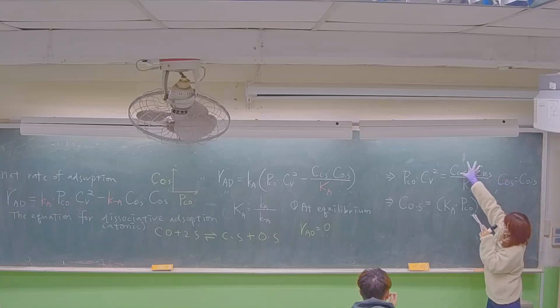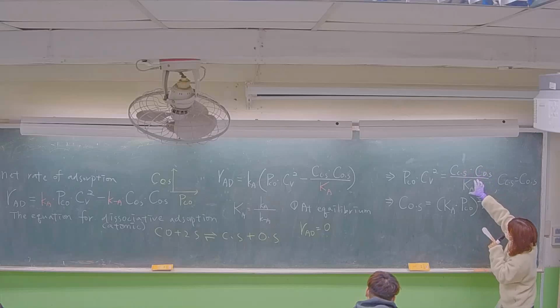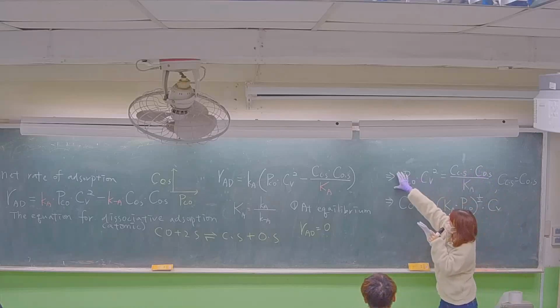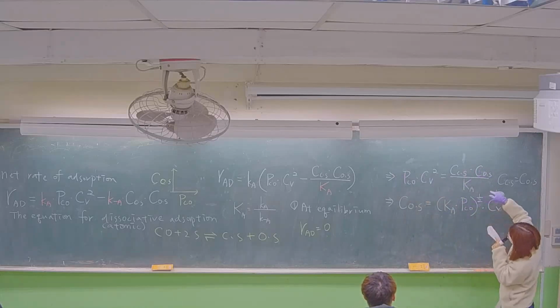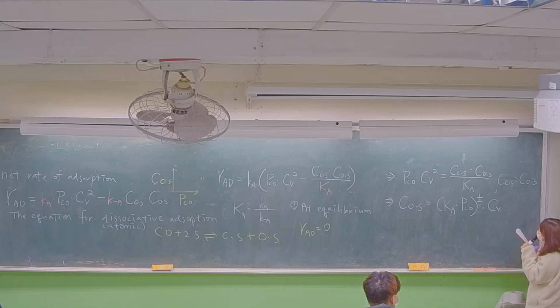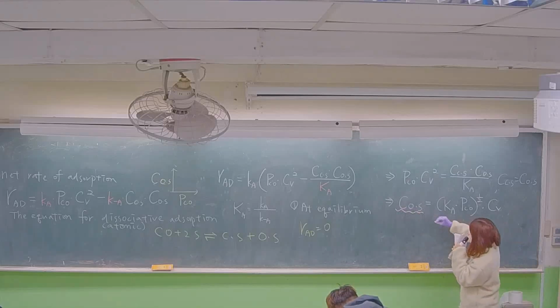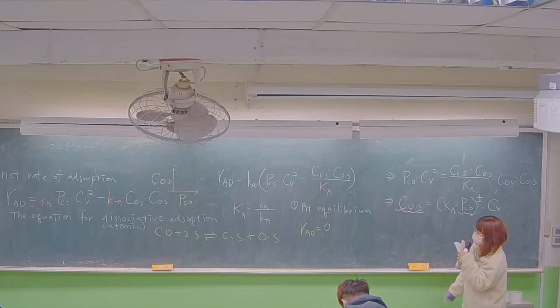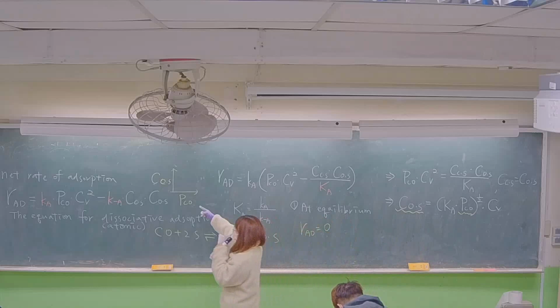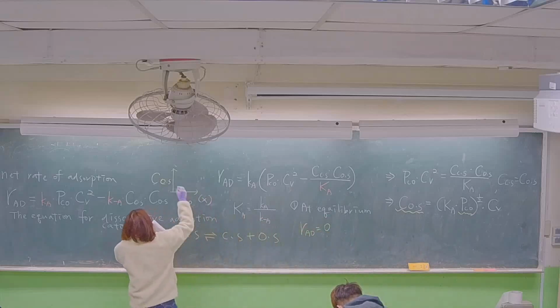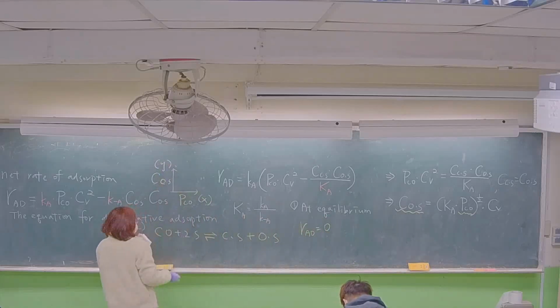So it is like C_OS squared, and you multiply this one here, you have the square root, then you can get this one. So now you have C_OS and the P_CO, right? C_OS and the P_CO. That is the x and the y axis.